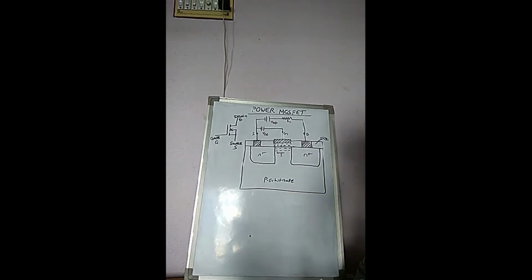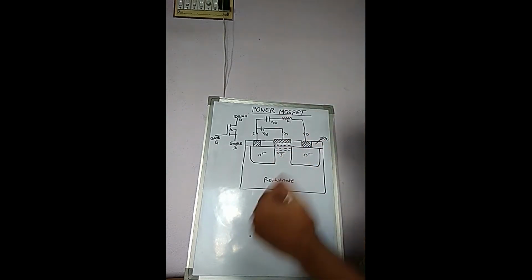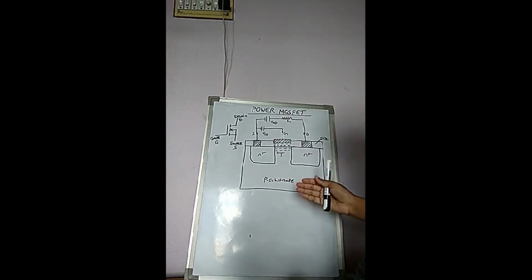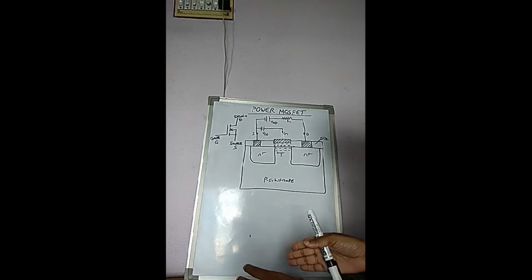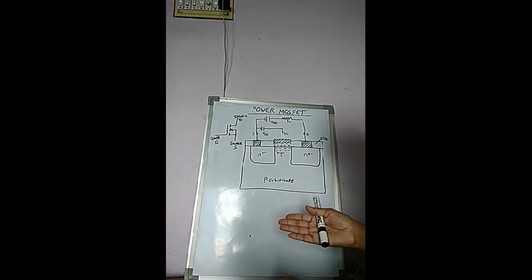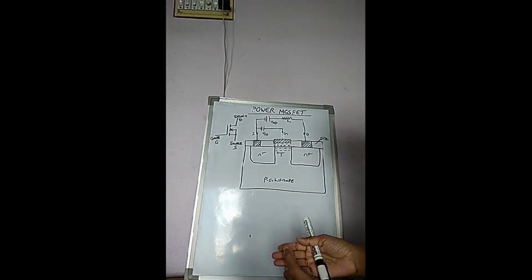The input impedance for BJT is low, and the input impedance, that is the gate circuit impedance, in MOSFET is high, of the order of 10 to the power 9 ohm. This large impedance permits the MOSFET gate to be driven directly from a microelectronic circuit.